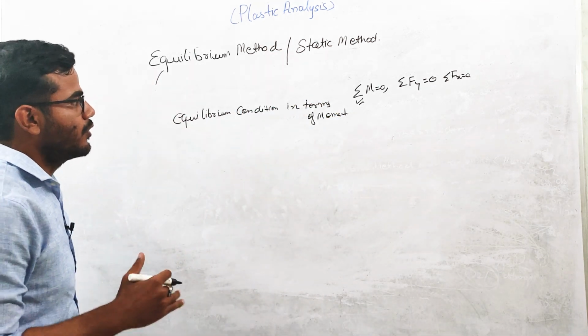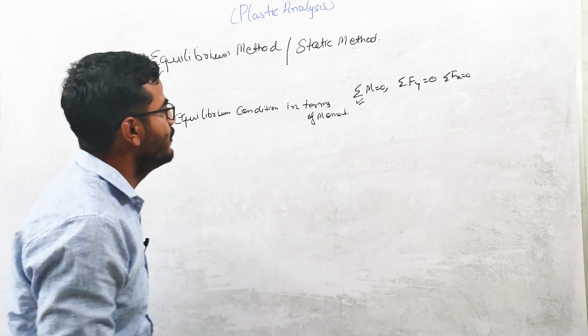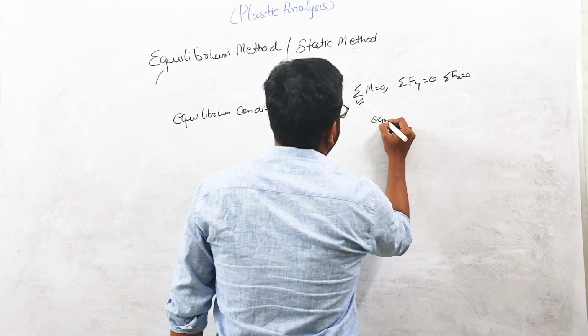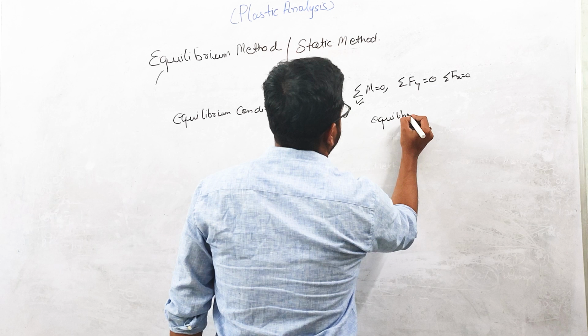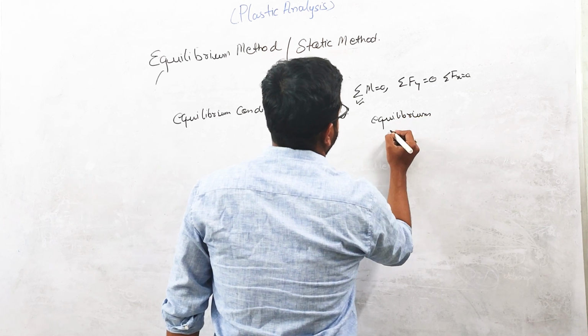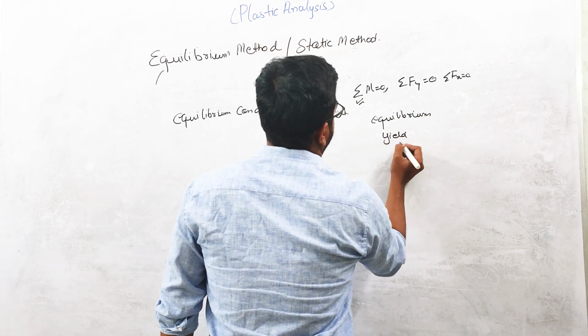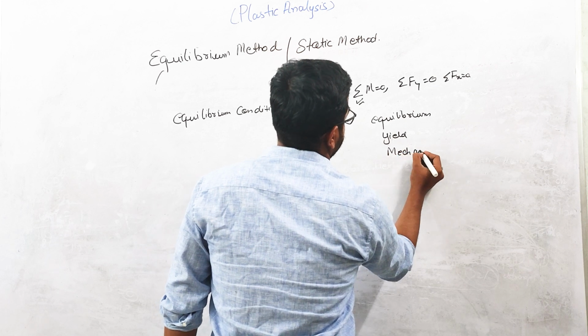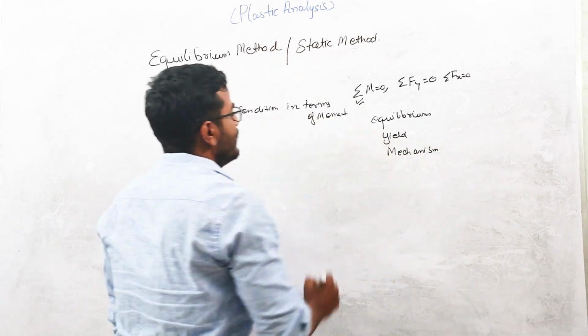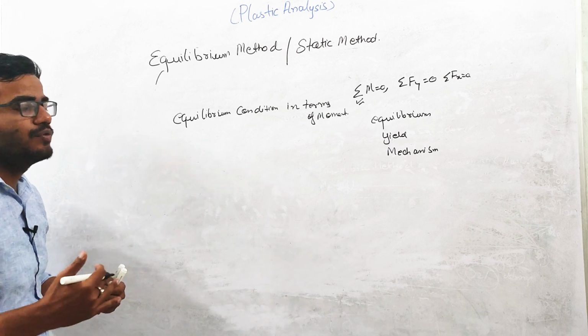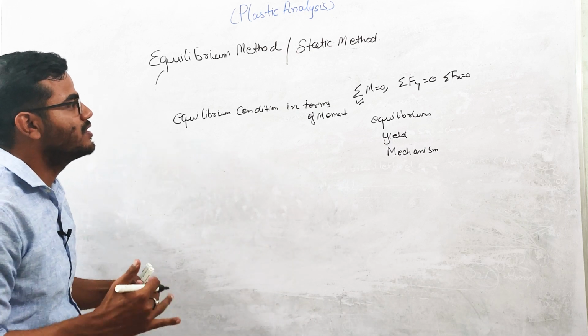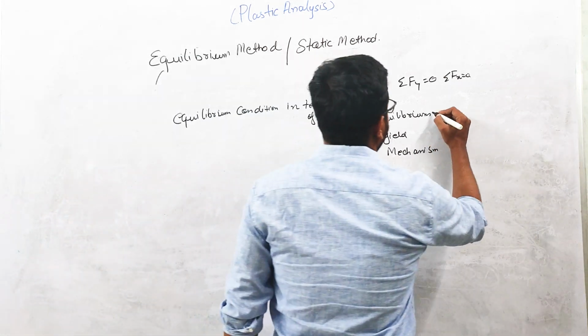For the collapse of the structure, what three conditions do we need to satisfy? One is equilibrium, the second is the yield condition, and the third is the mechanism. In this method, we are using the equilibrium condition, so this condition is automatically satisfied.